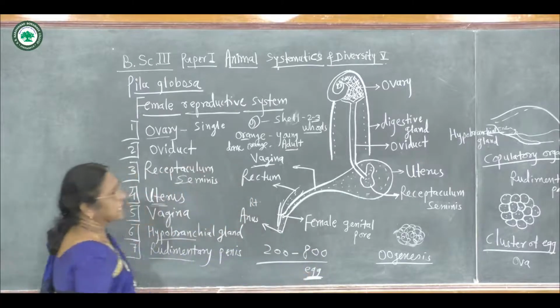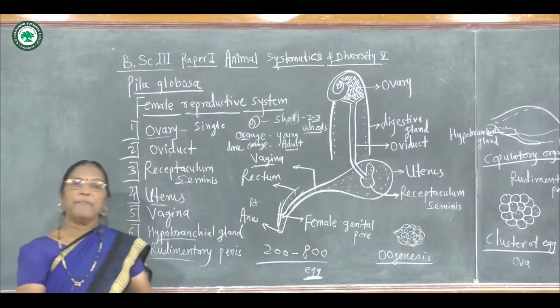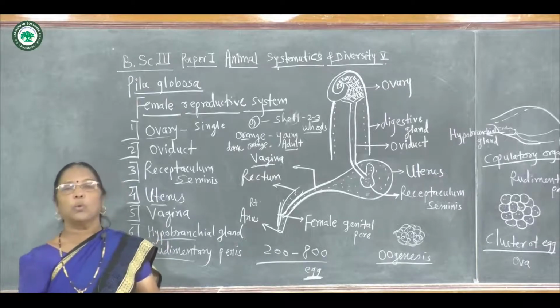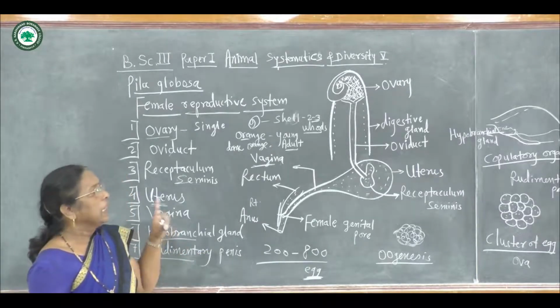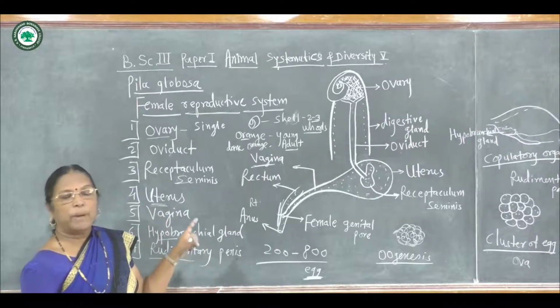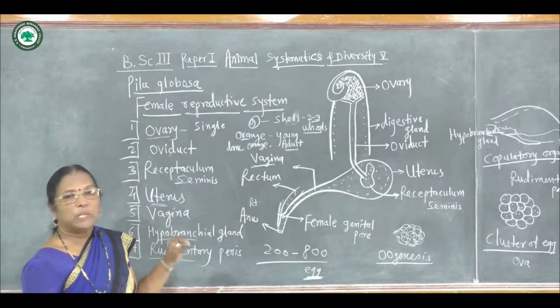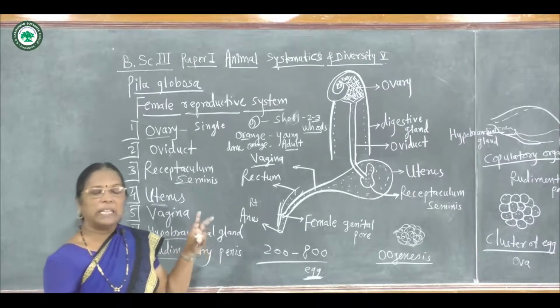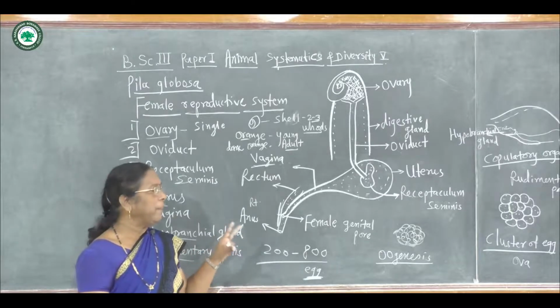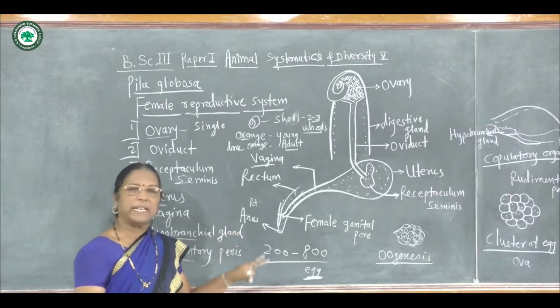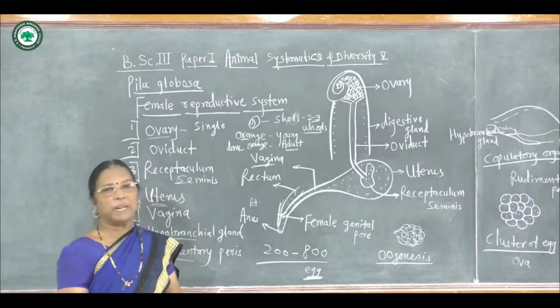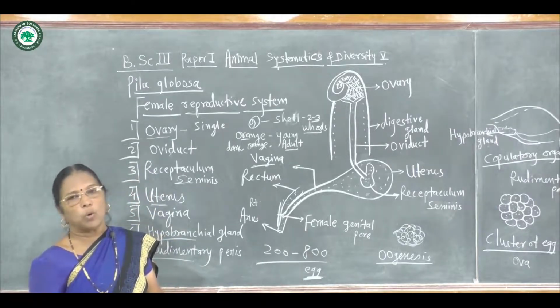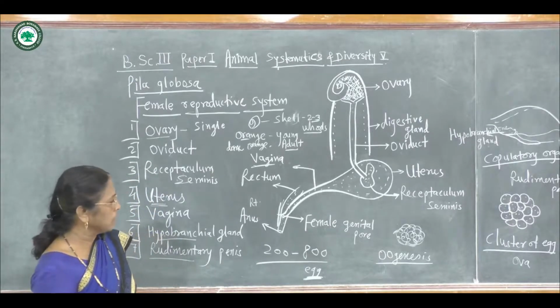These eggs are laid by the female within 1 to 2 weeks, in bunches. The female Pila lays her eggs near moist places or near pond water or river water.